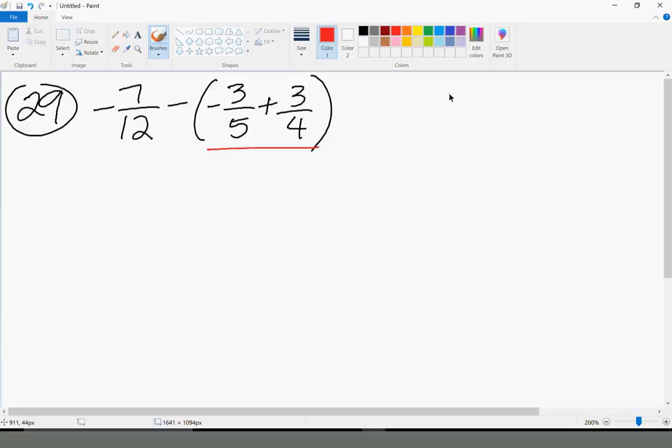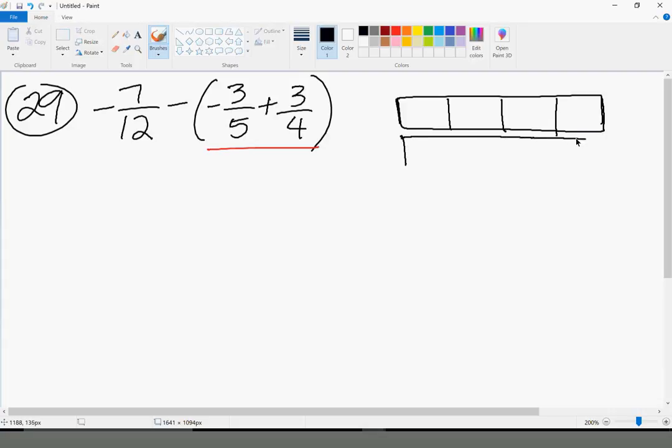Okay, so it may be a way to do it to estimate it. Let's see if estimating it helps us. Okay, so I'm going to divide this into fourths. And if I take that same shape, divide it into 1, 2, 3, 4 fifths.